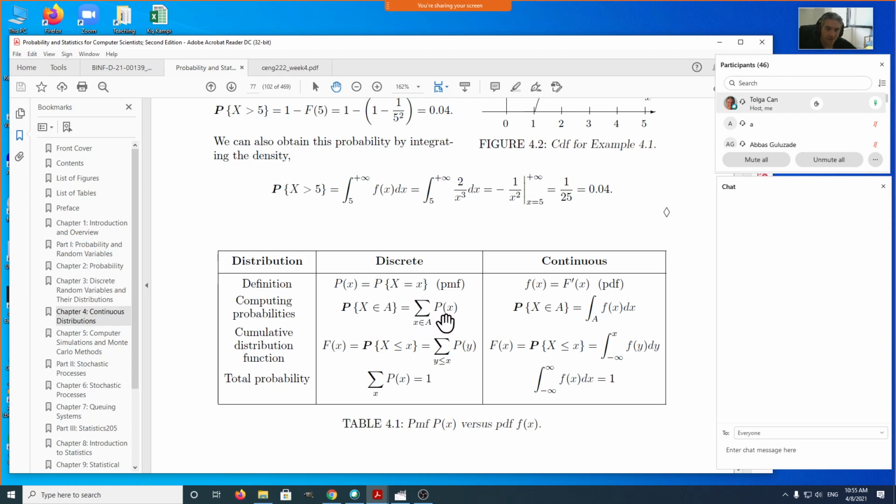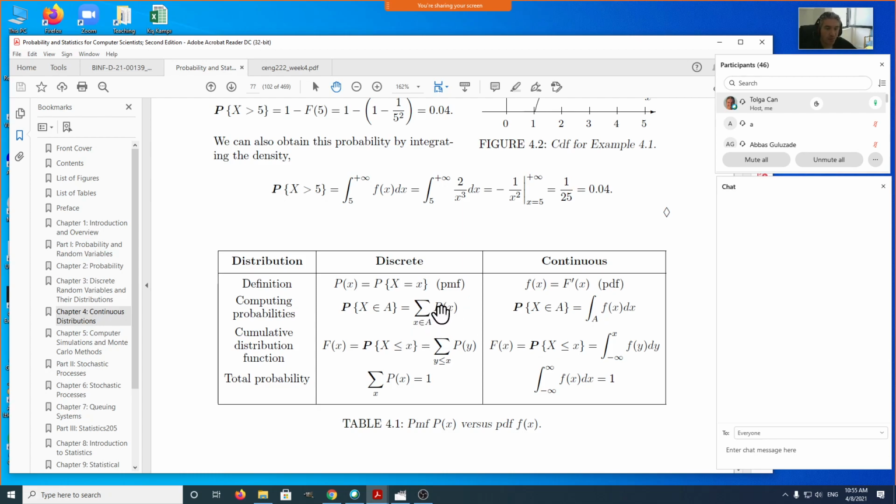Whenever we were summing things, the summation symbol is turned to integrating over an area, over an event. A is a subset of the sample space, so A denotes an event here. For the probability of this event, we sum over all outcomes that belong to this event.